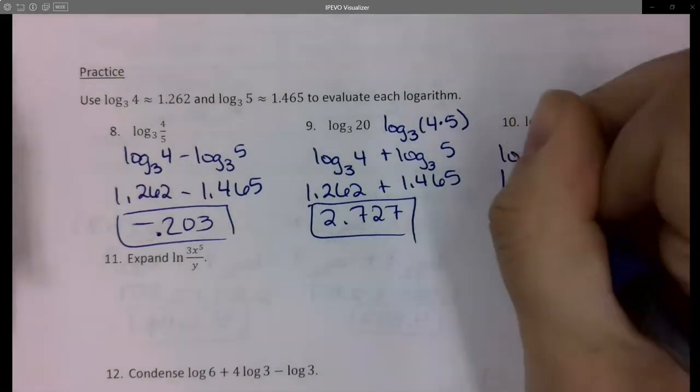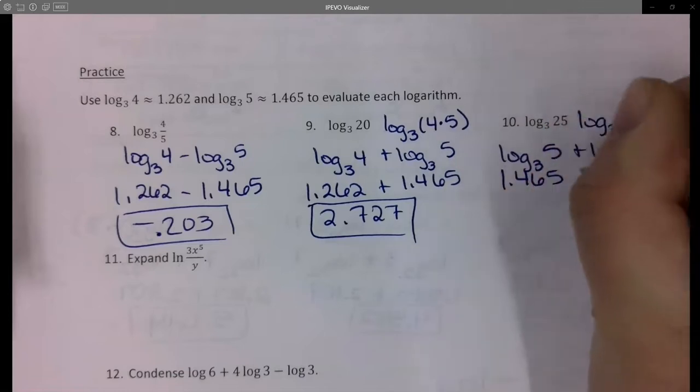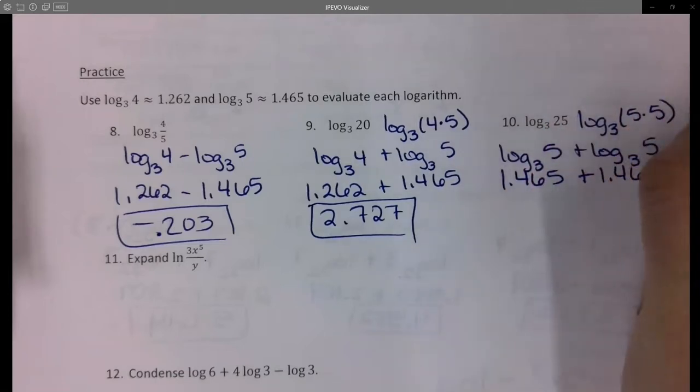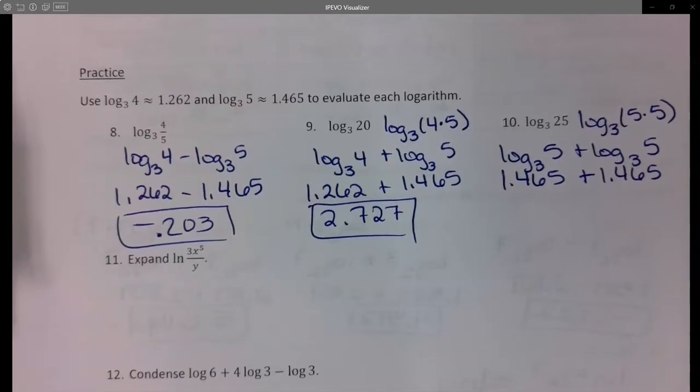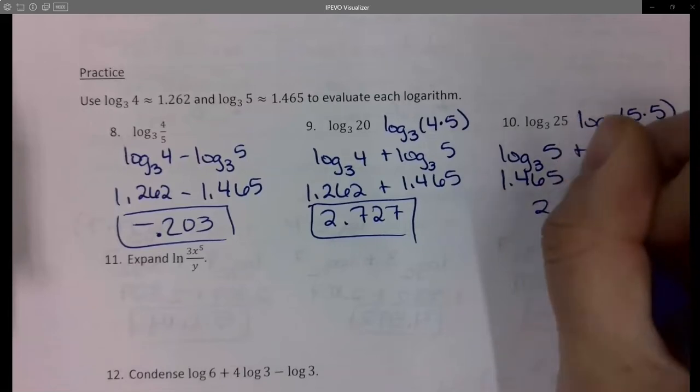Then I would do 1.465 plus 1.465. Which will get me 2.930.